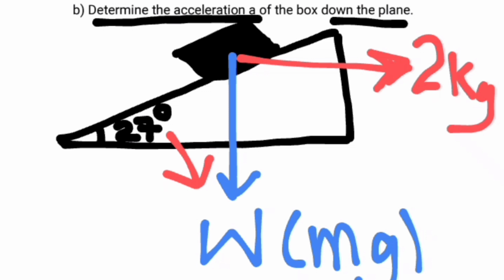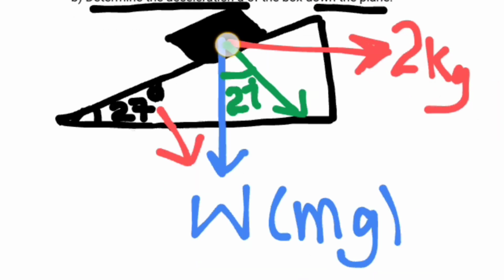This weight has two components, one along the inclined plane, and one perpendicular to the inclined plane. So we can draw the two components of this weight, and here the angle is the same, 27 degrees. The angle between this vertical line and the green line is 27 degrees.